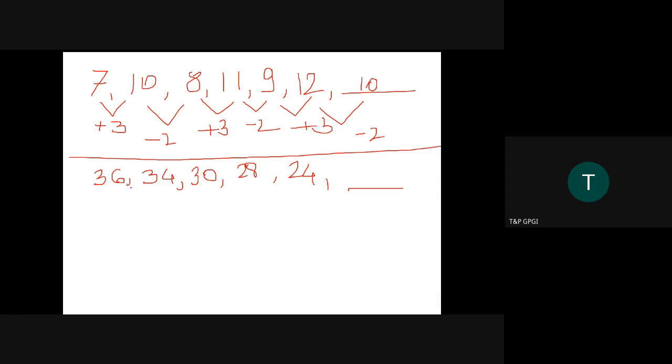So 36 minus 34 will give me 2. Let's check if the sequence works. 34 minus 4 gives 30. 30 minus 2 gives 28. 28 minus 4 gives 24. Now 24 minus 2 will give me 22. So 22 is the right answer.